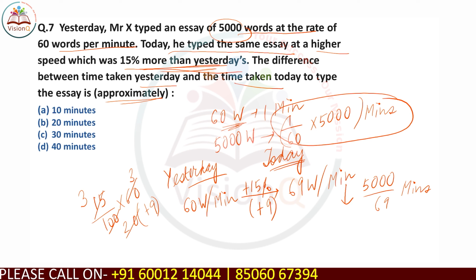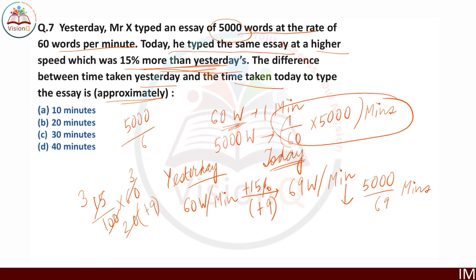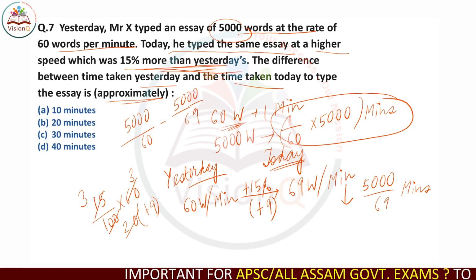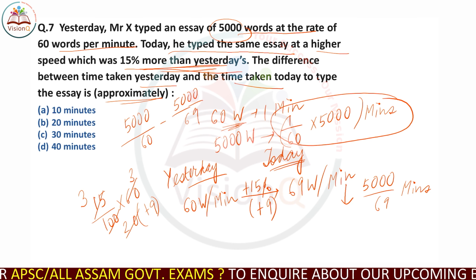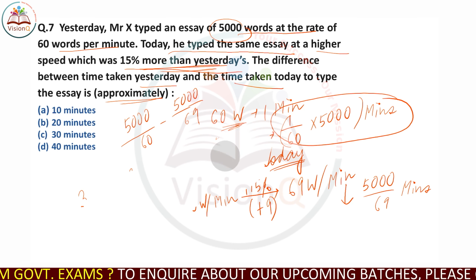So it is asked to find out difference of yesterday's time and today's time. So 5000 by 60 minus 5000 by 69. It is asked to find out this. Okay, let me cancel out the common part here because it is asked to find what? Approximately.